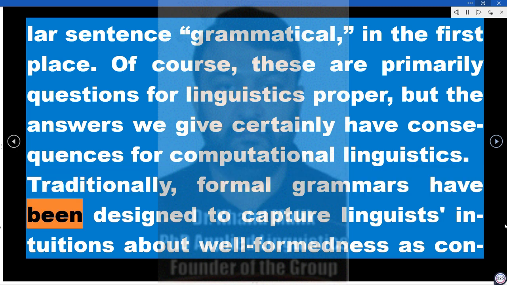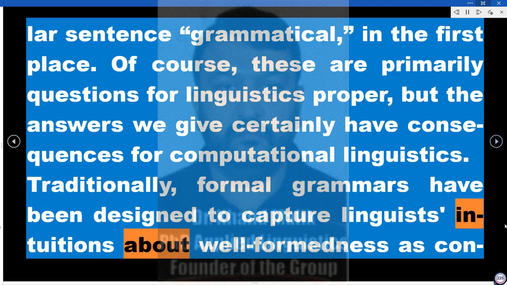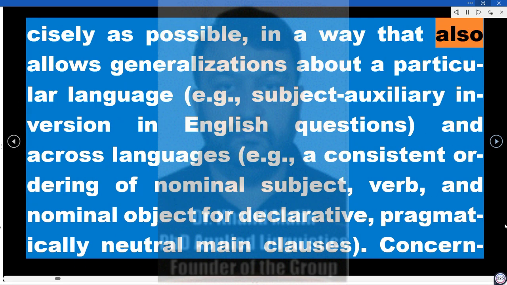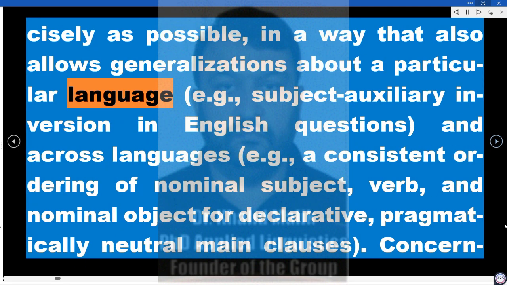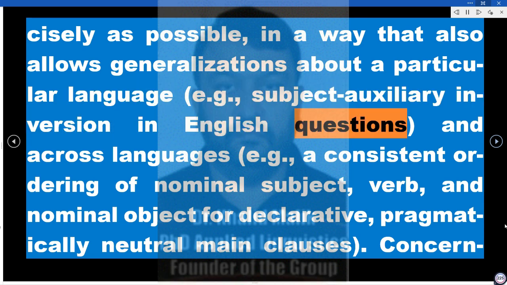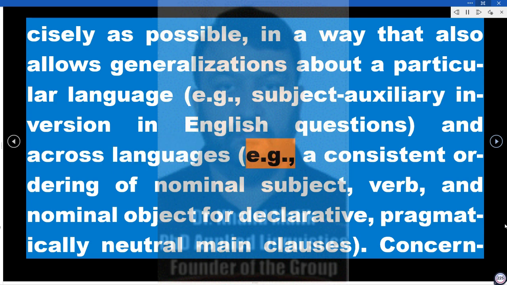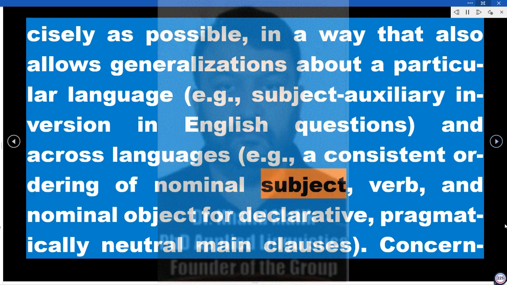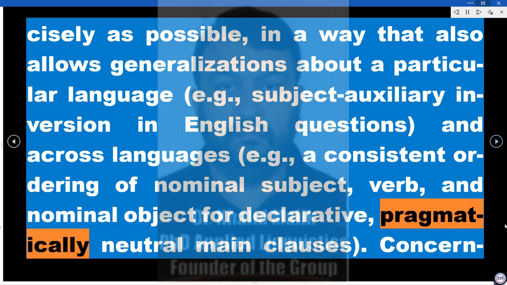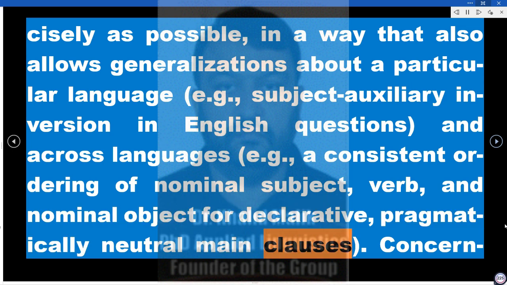Traditionally, formal grammars have been designed to capture linguists' intuitions about well-formedness as concisely as possible, in a way that also allows generalizations about a particular language, for example, subject-auxiliary inversion in English questions, and across languages, for example, a consistent ordering of nominal subject, verb, and nominal object for declarative, pragmatically neutral main clauses.